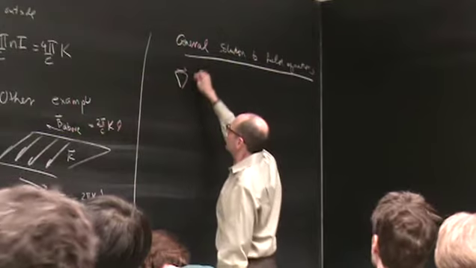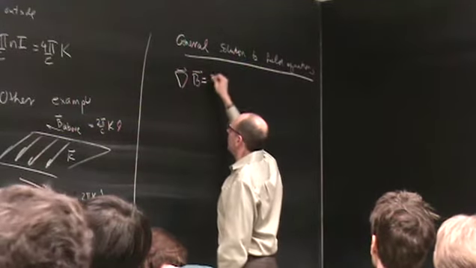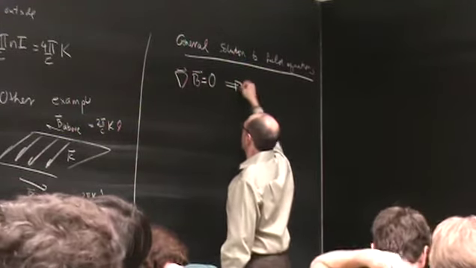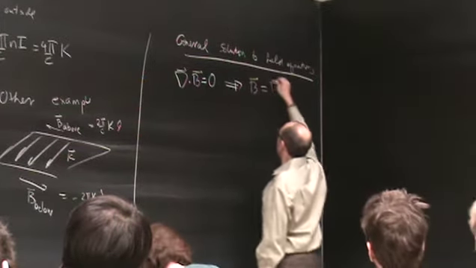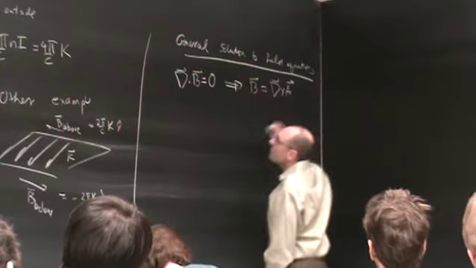Again, our field equations: we have del dot B is 0, which implies that B is equal to the curl of a vector potential.